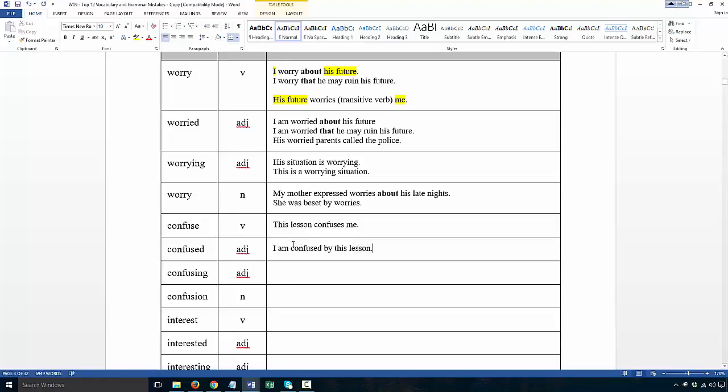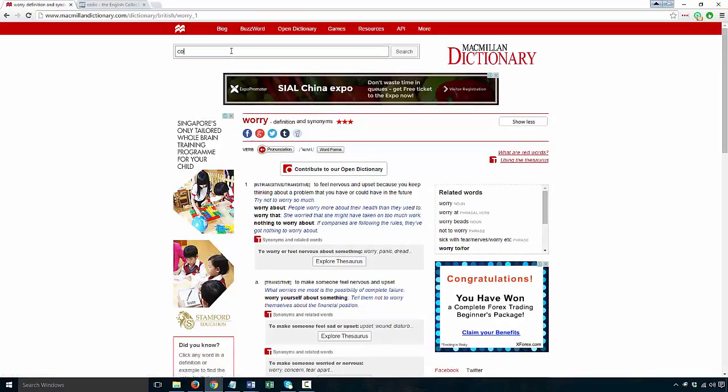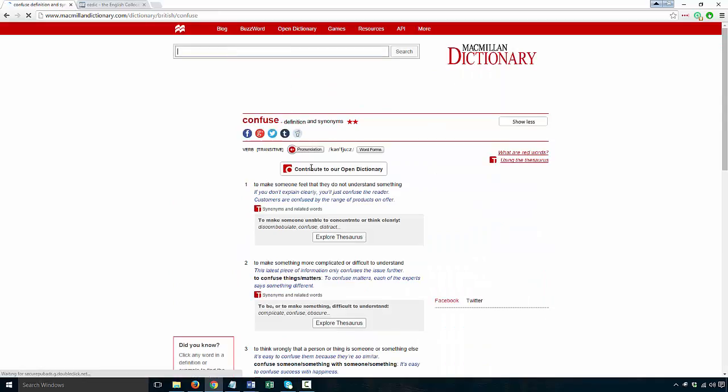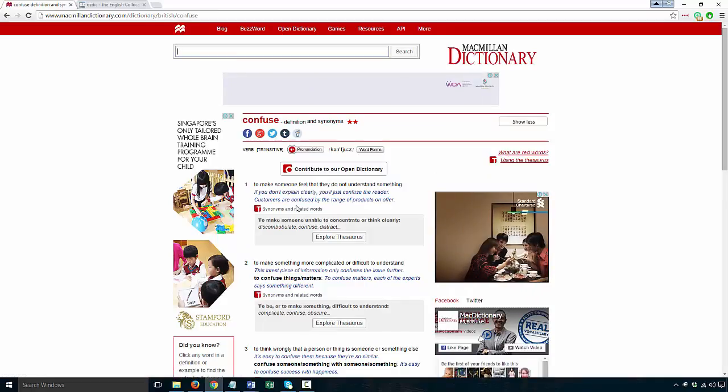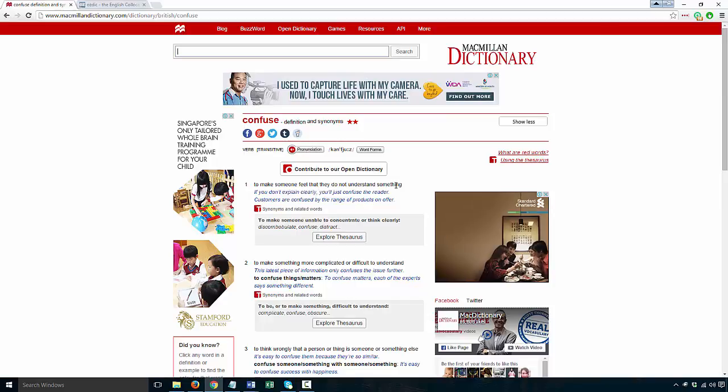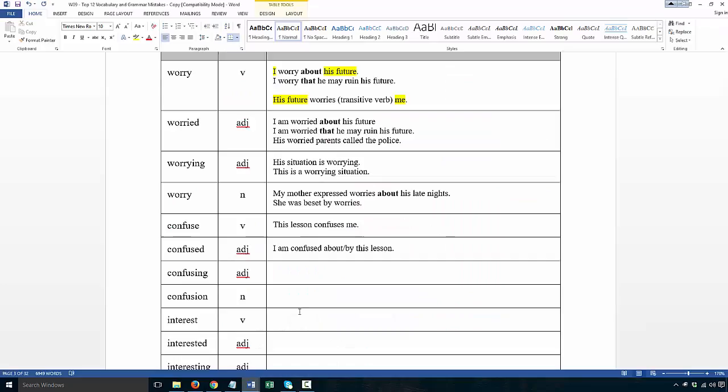You could use I'm confused about this lesson, or I'm confused by this lesson. Both are possible. All right, so let's just go to confuse. So that's the way you use it, to make someone feel they do not understand. So this is the way something confuses someone. This lesson confuses me.